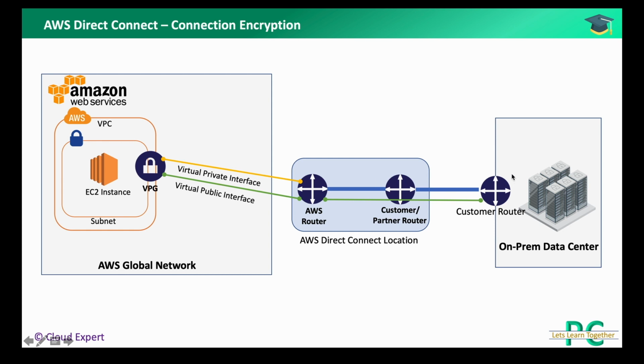It will not go via public internet, and as you know, a VPN connection is an encrypted connection. In the current topology, it will be secured. It's a physical connection and it will be encrypted. So if your network topology demands that you encrypt your traffic, you can consider creating a VPN connection via Direct Connect.